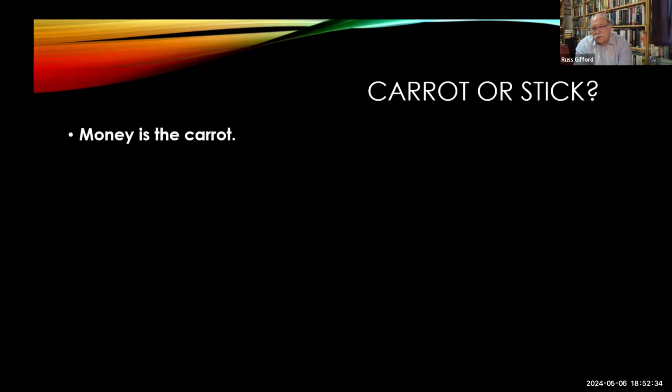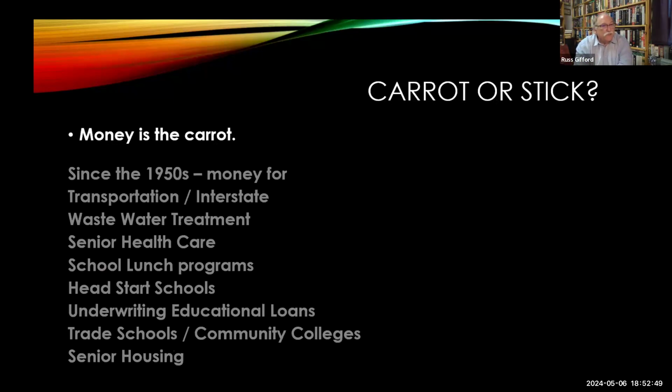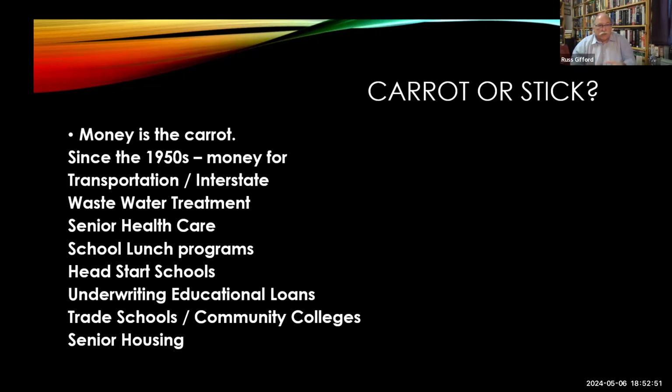But when I said carrot and stick, we have to remember that most of the executives since then have been very big on the idea of using the carrot, and money is that carrot. So, since the 1950s, we've seen money for transportation, and Ike himself did that, right?